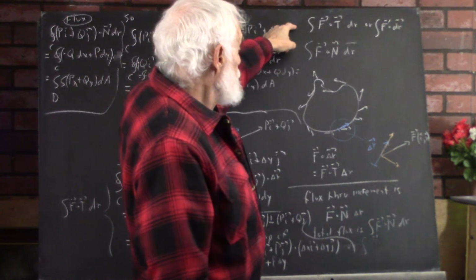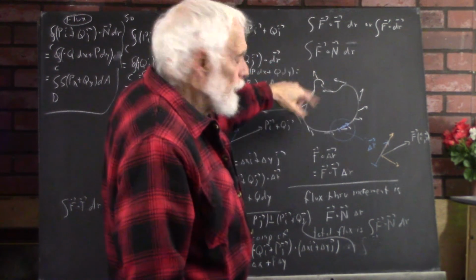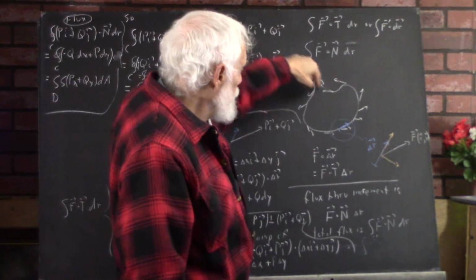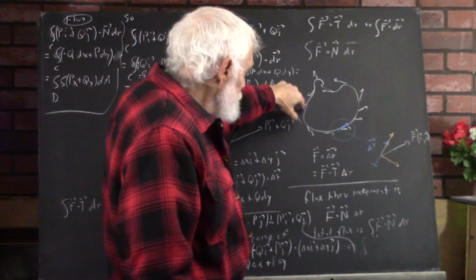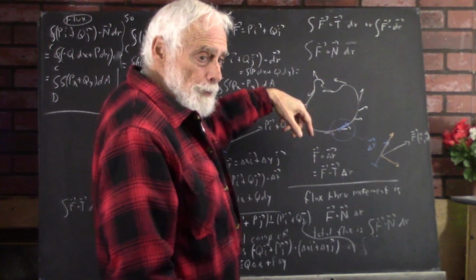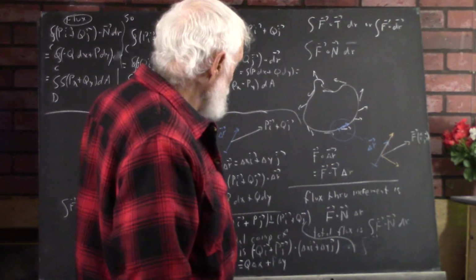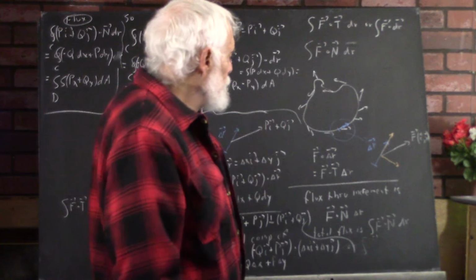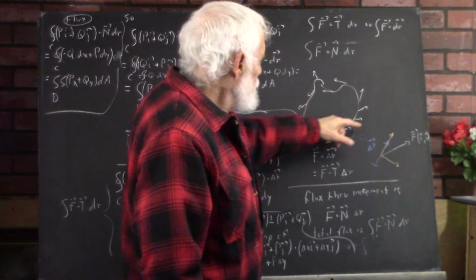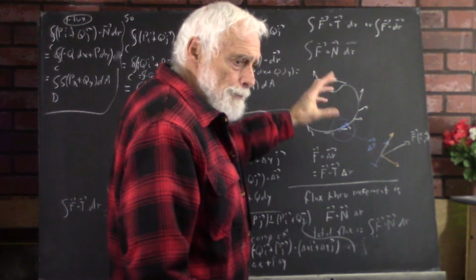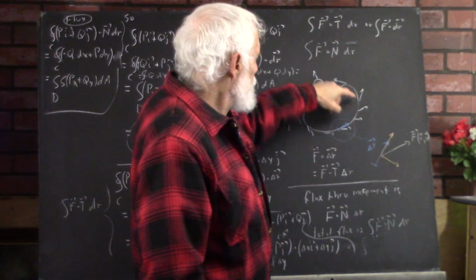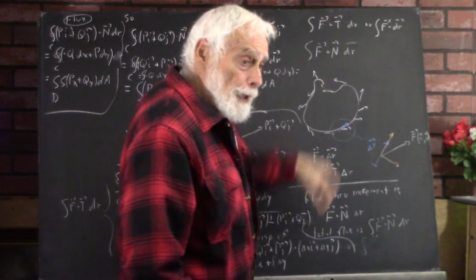Okay, that's the integral we have, and what that integral represents is if you have a closed curve with no holes and so forth, a simply connected region, and you have a vector function in space, and that vector function looks like this around the boundary.